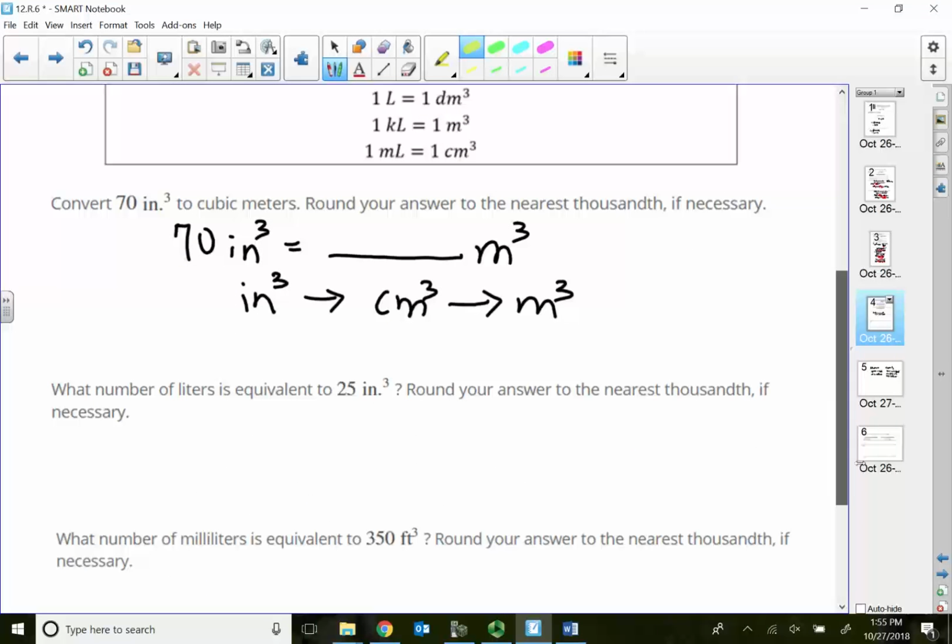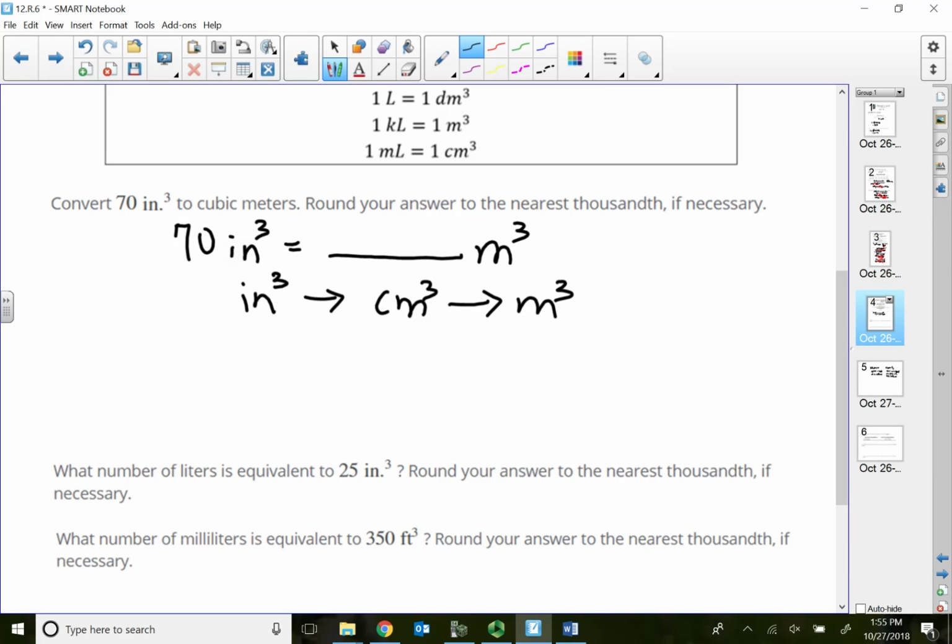So let's write it out real quick, just like what we did with the areas. I'm going to say 70 cubic inch over 1, times cubic inch down here, need to convert to cubic centimeter, and then we will multiply by another fraction. I don't want cubic centimeter up there, so put a 1 down here so they can cancel each other out.